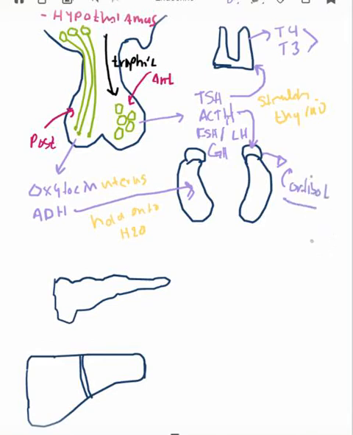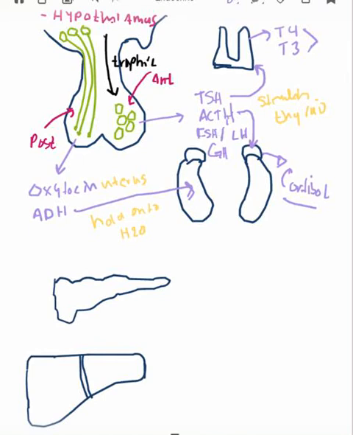But this really involves the production of mineral and glucocorticoids. So again, hypothalamus, trophic hormones, anterior pituitary gland, adrenal corticotrophic hormone acts upon the adrenal gland to secrete cortisol.